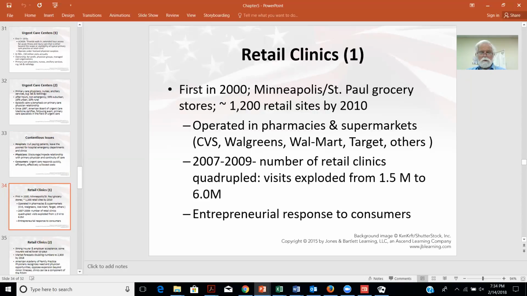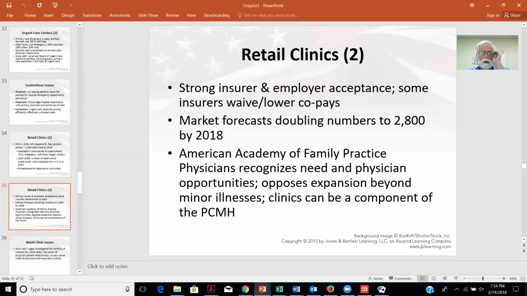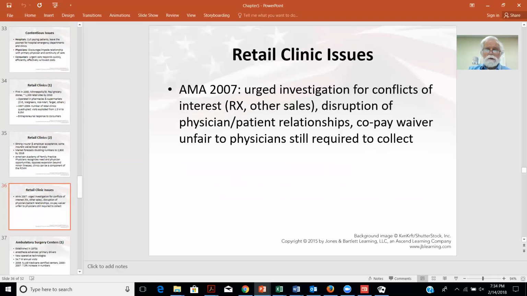It was a very interesting report. The insurers take it because they're cheaper, and often they will either waive or lower their copays. And so they've been really working to expand these.